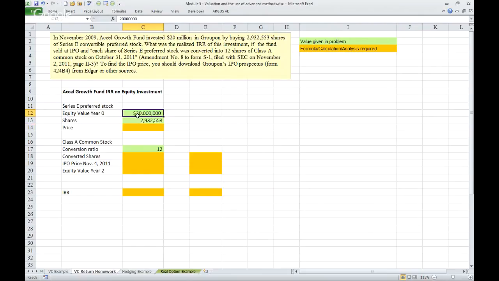If in total you spend $20 million and you get 2,932,553 shares, then the price of one share will be calculated pretty easily. If I bought a 5-pound bag of chips at $25, what is the price of 1 pound of chips?